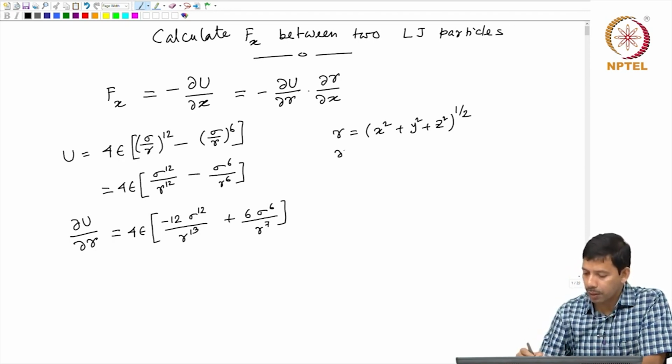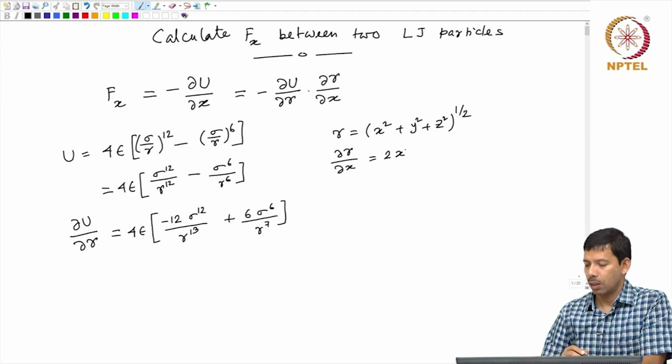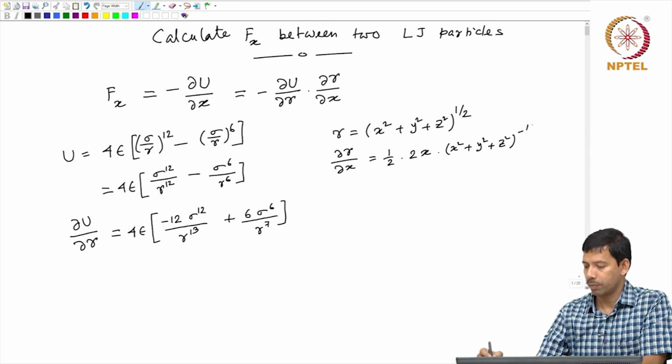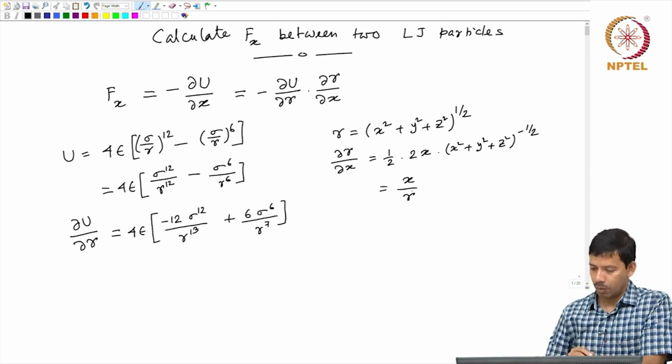So your del r del x would be, you have half times 2x, and then you have x square plus y square plus z square to the power minus half, and that leads to x divided by r.